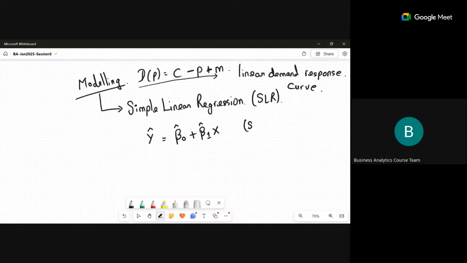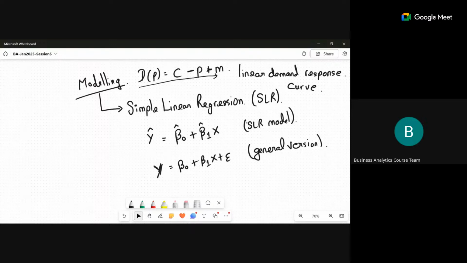This is the SLR model. Or in more generic terms, y is equal to beta naught plus beta 1 x plus epsilon. This is the general version, so this is going to be your basic version.